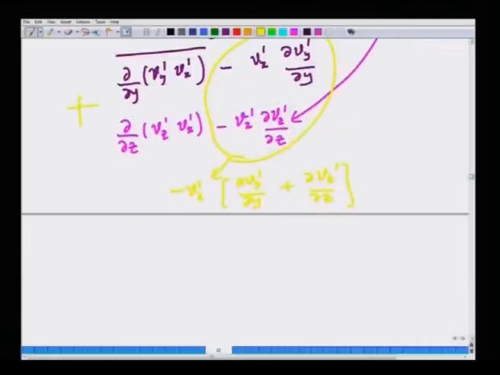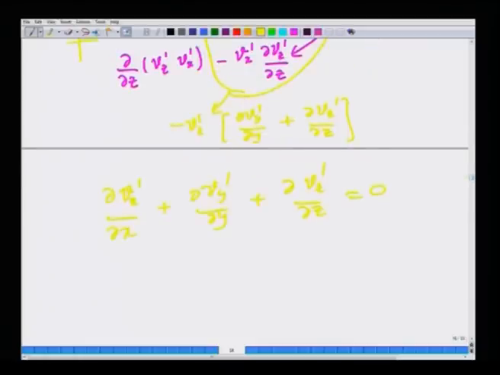Now, we can use the continuity equation, the mass conservation equation we derived, which said that partial V x prime by partial x plus partial V y prime by partial y plus partial V z prime by partial z is 0. So, instead of partial V y prime by partial y plus partial V z prime by partial z, I can write that as minus of partial V x prime by partial x.